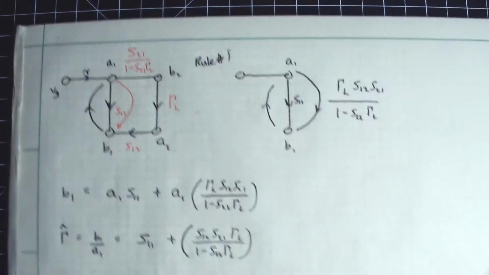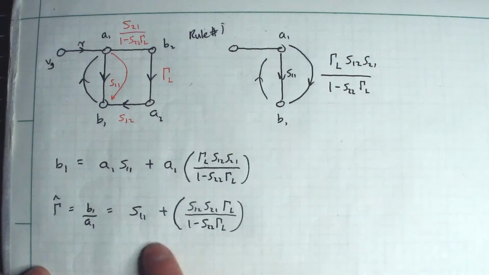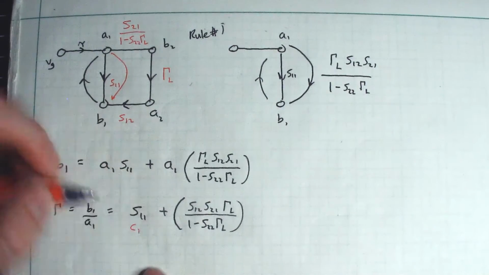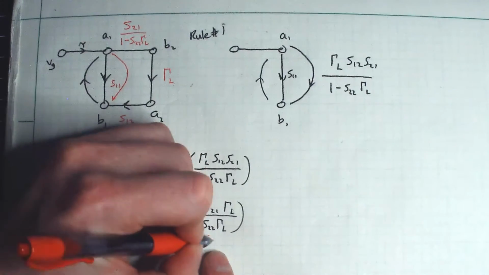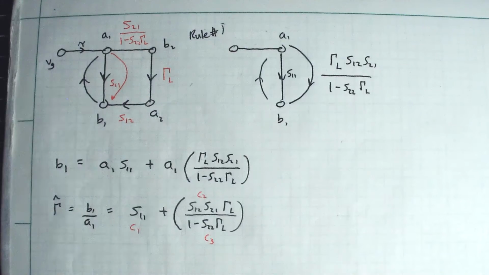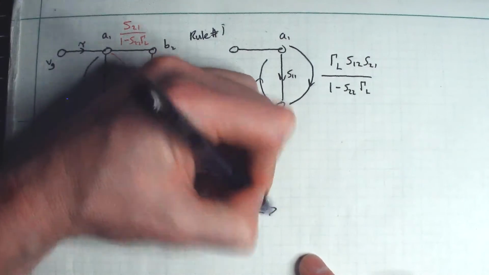Now that looks a little bit worse than it is until you realize these are just arbitrary coefficients that I need to correct for. So I'm just going to change their names a little bit. I'm going to call them C1, C2, and C3, or any arbitrary combination thereof. And so what you'll get is the following.